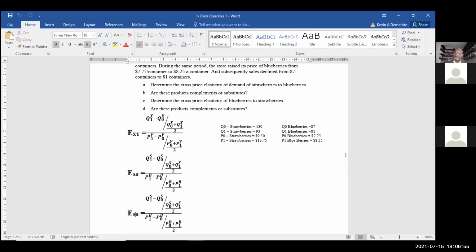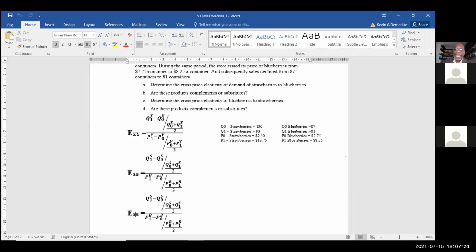That's the answer, 0.3318. So that means they are what, complements or substitutes, according to our class notes? I put it as a substitute. Okay, hold on to that answer and let's see what happens when we work it out together.